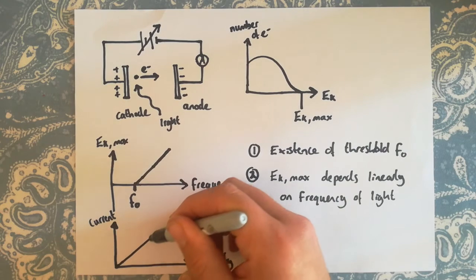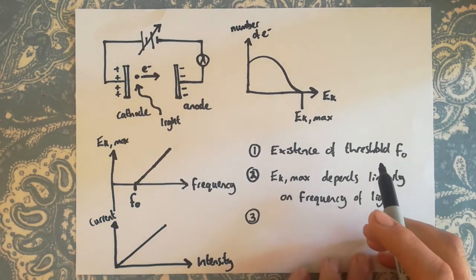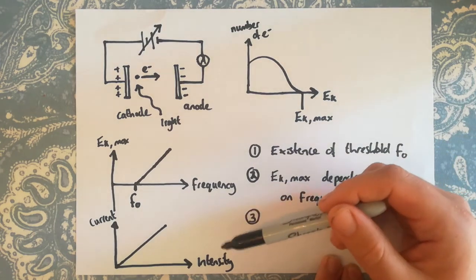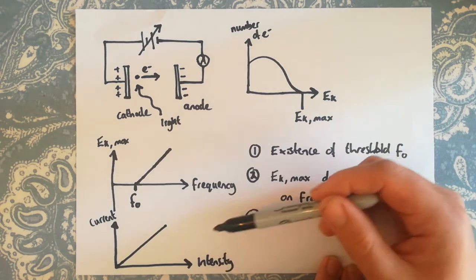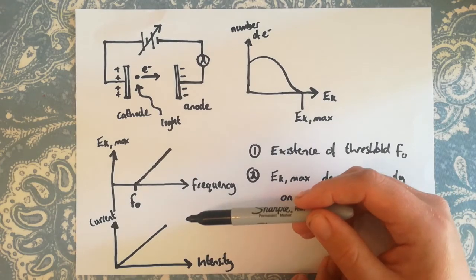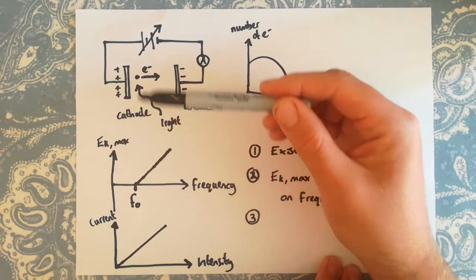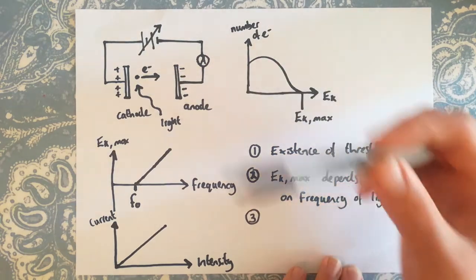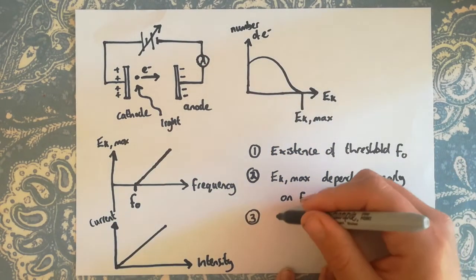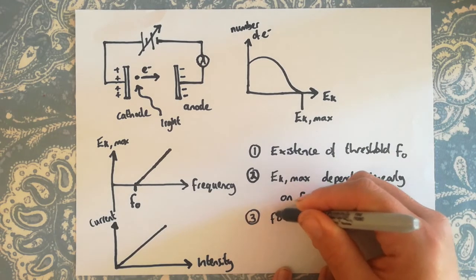We get a relationship that looks something like that. As we increase the intensity, the current increases. In other words, more electrons per second are being emitted from the cathode. So that's our third observation.